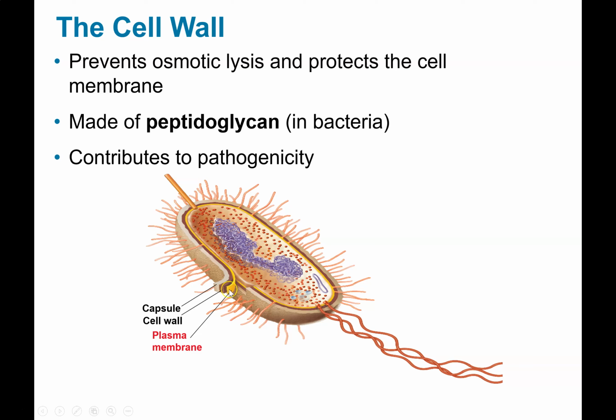We only have a cell membrane around our cells, which is not nearly as protective and as rigid as a cell wall. So as long as bacteria have an intact cell wall, they can take on water and they will not burst. But what happens if you expose this bacteria to penicillin or lysozyme or other substances that damage the cell wall? Now the bacteria will burst because their cell wall is damaged, and now they don't get that function of their cell wall.